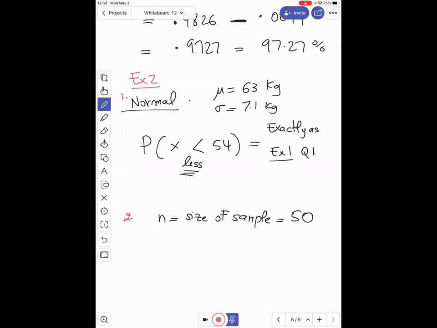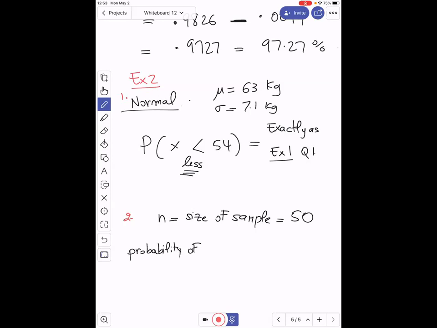It says, what's the probability of the average weight, X bar? Here we are not talking about X. Here we want to find the probability of the average weight.